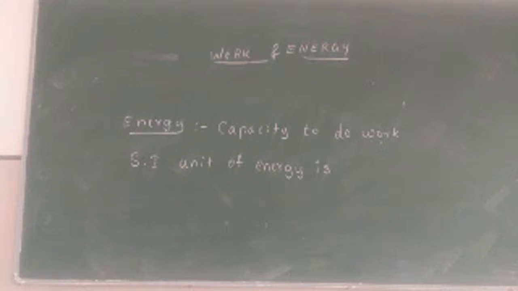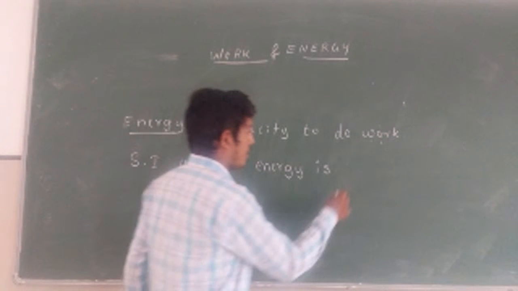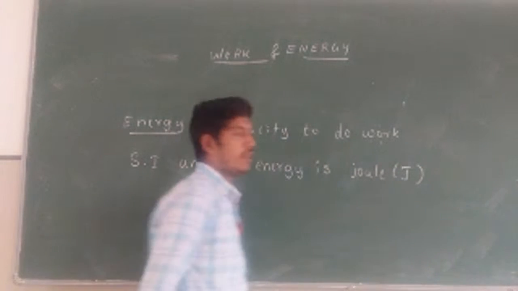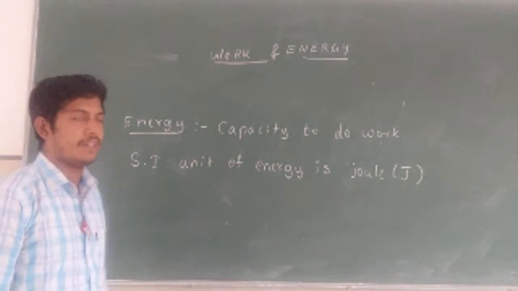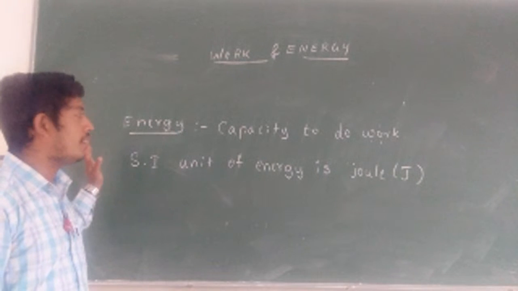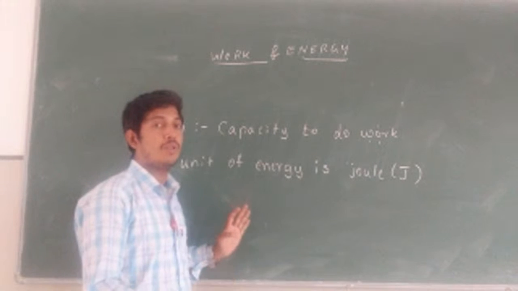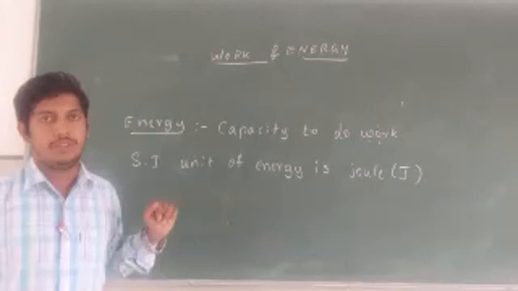So what will be the SI unit of energy? Here the SI unit of energy is again joule, capital J. So joule is the SI unit of work as well as the SI unit of energy.